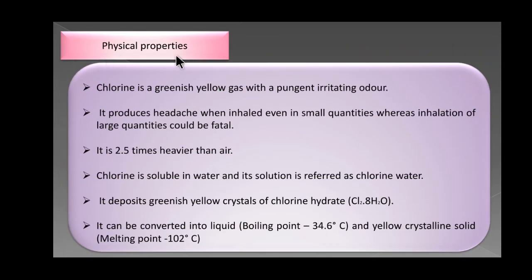Next, the physical properties of chlorine. Chlorine is a greenish gas with a pungent smell. Pungent means irritating smell. It creates a headache even in small quantity, and at higher levels it becomes fatal. It is also 2.5 times heavier than air.